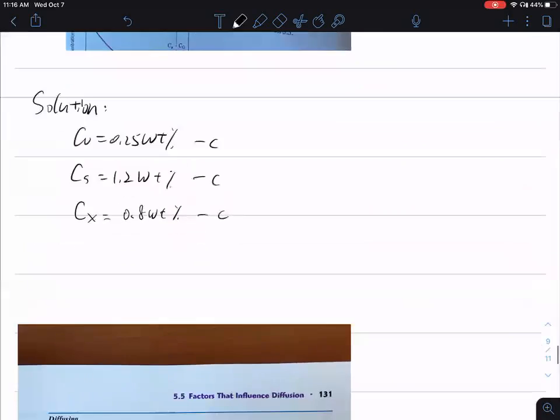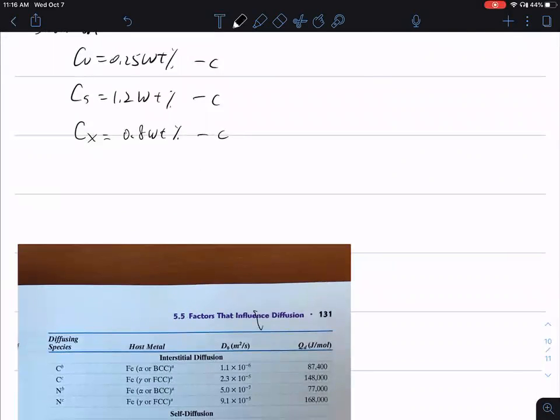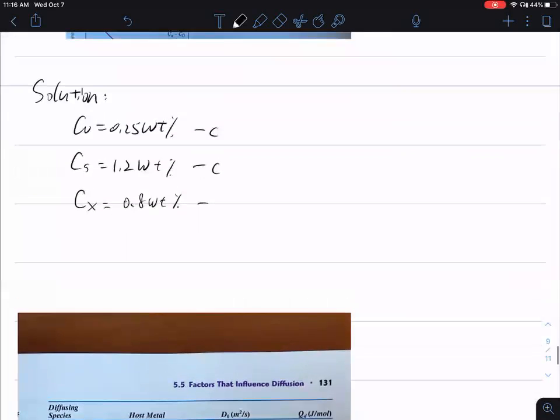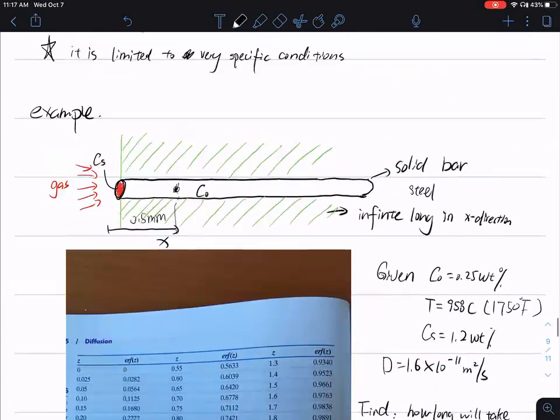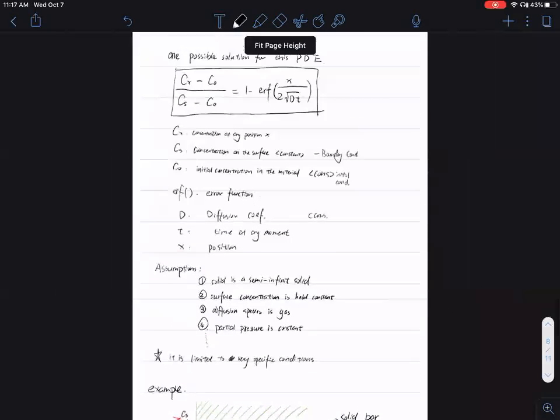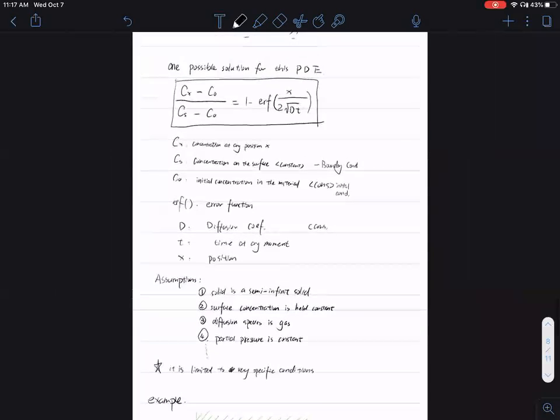All right, now let's plug those things into the equation. (Cx minus C0) divided by (Cs minus C0) equals 1 minus the error function, and inside the error function on top we have x, which is location.